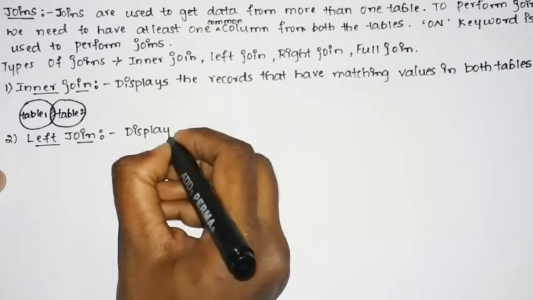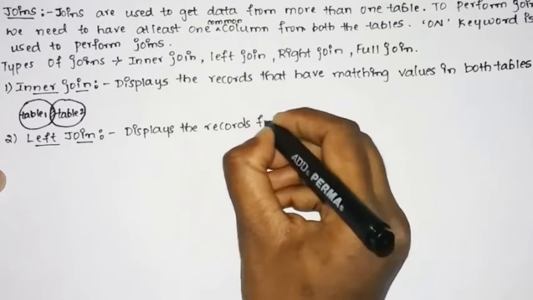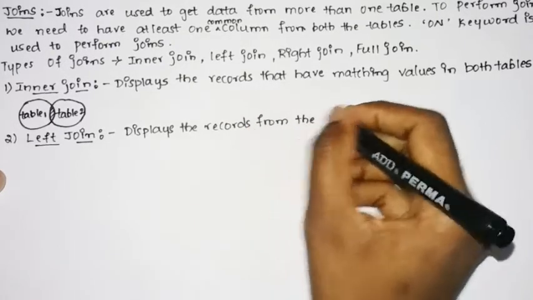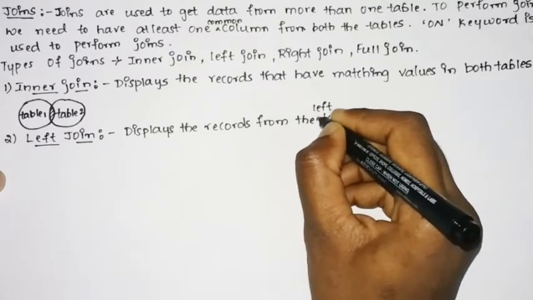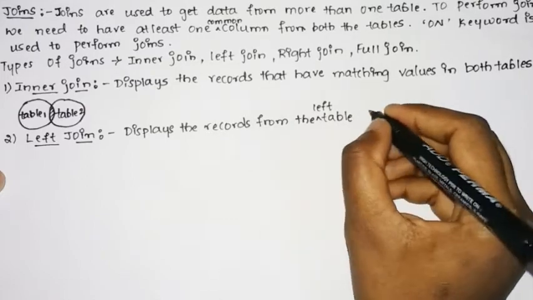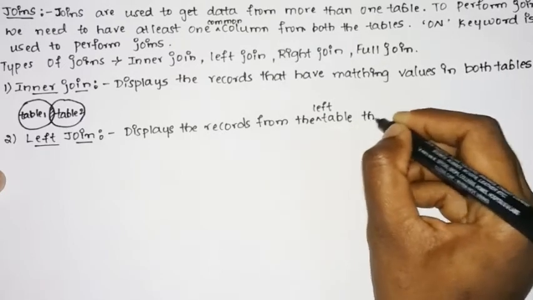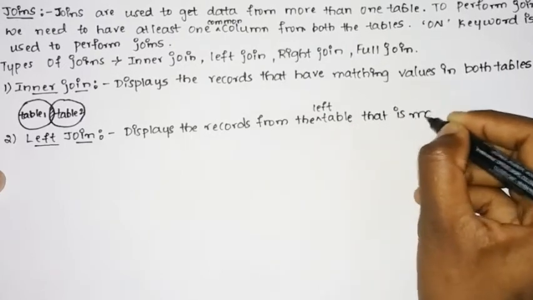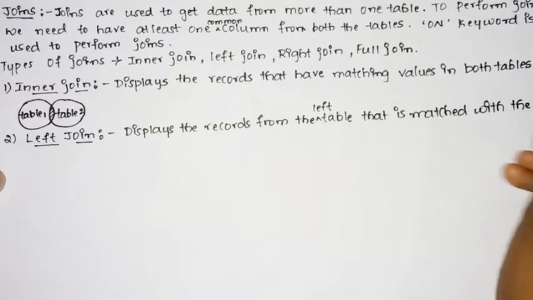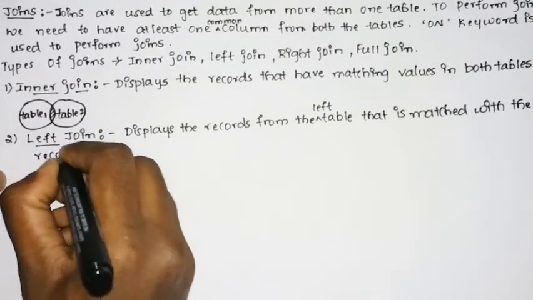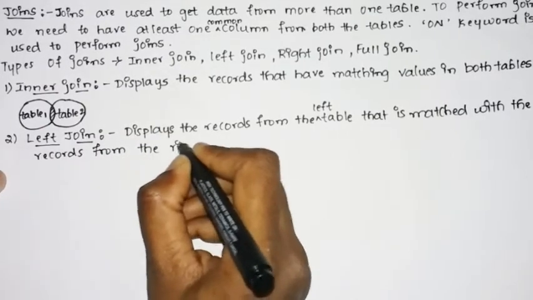As the name indicates, left join, you are going to display the records from the left table, and then the matched records from the right table.